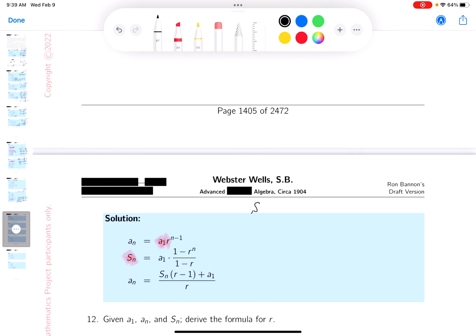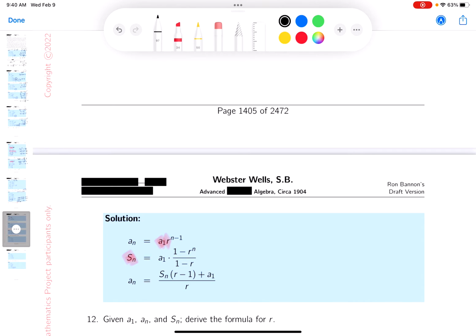So let me write this down over here. Sn, which I know, is a given. A1 is a given, so I'm going to divide it by A1 times 1 minus R. Oh, you know what? I'm not going to do it. I don't want to get a fraction. I apologize. Let me do that again.